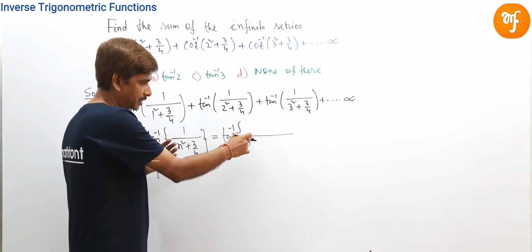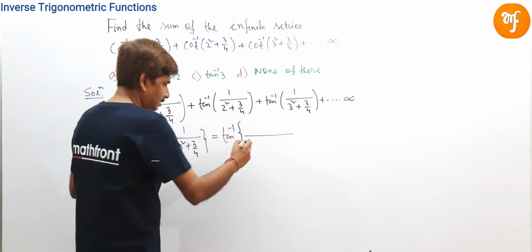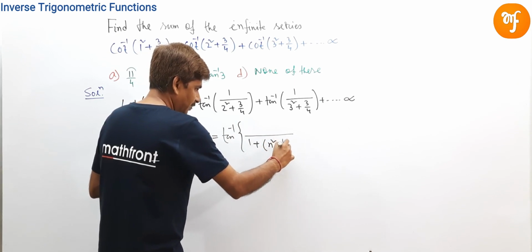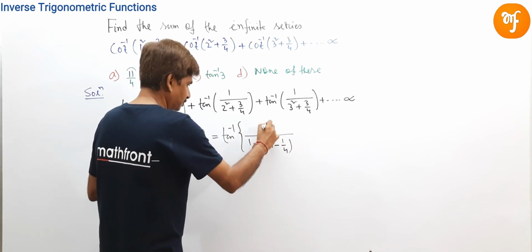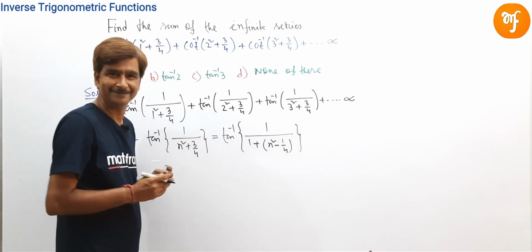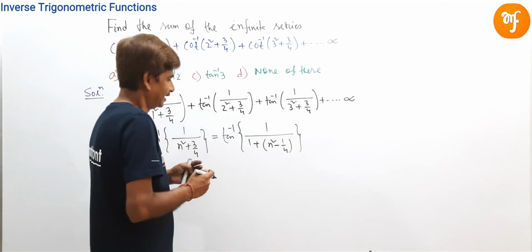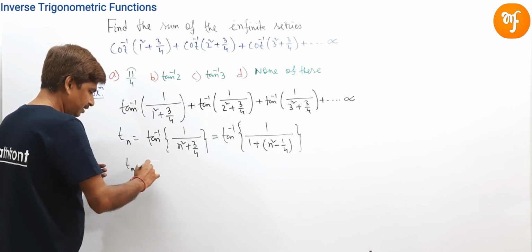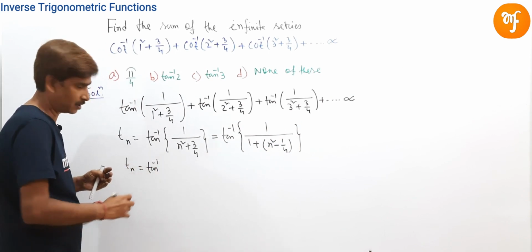So we should write here first 1 plus, it is n square minus 1 by 4, and at the numerator 1 is there.